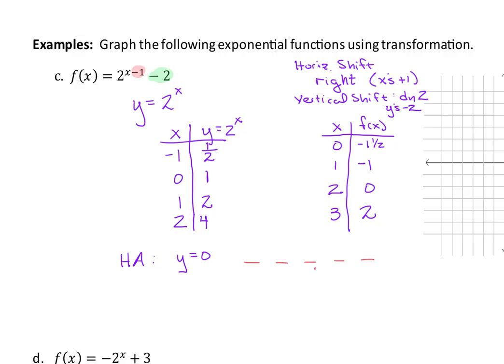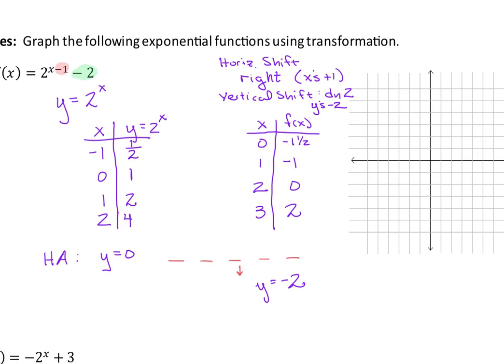But if we move it down, that is going to change it. And so my horizontal asymptote is going to turn into y equals -2. So just like we subtract 2 from all of our y's, we subtract 2 from our horizontal asymptote.